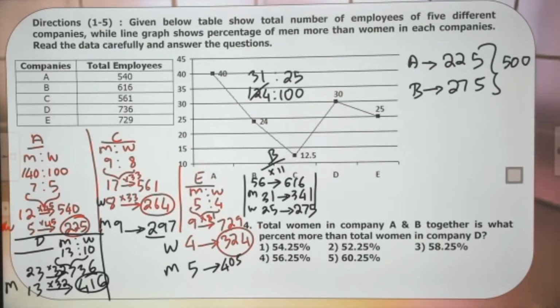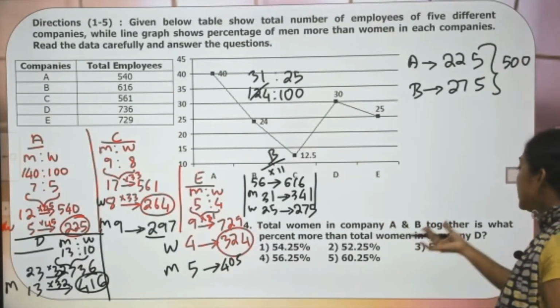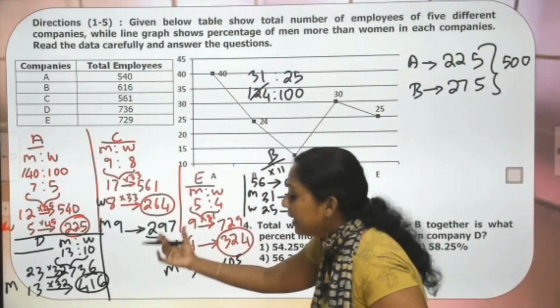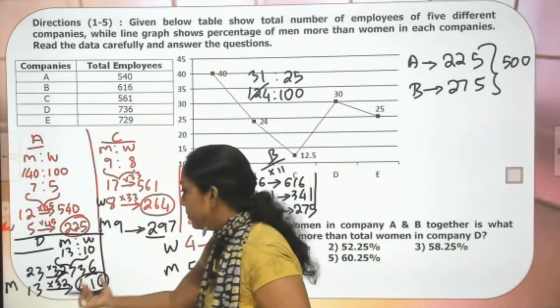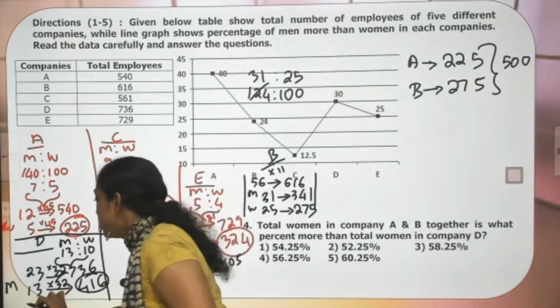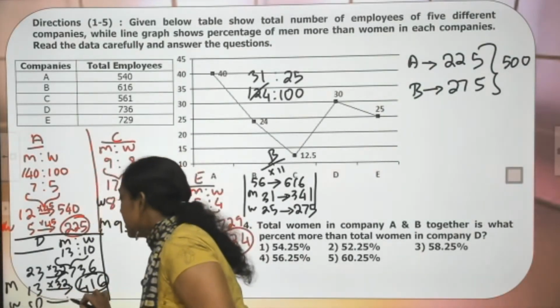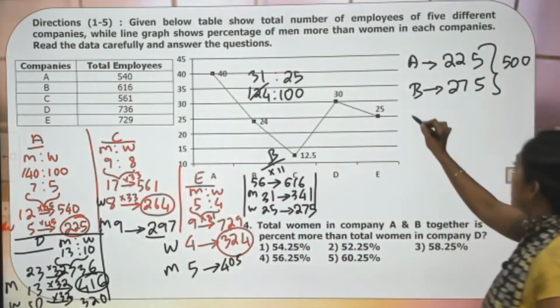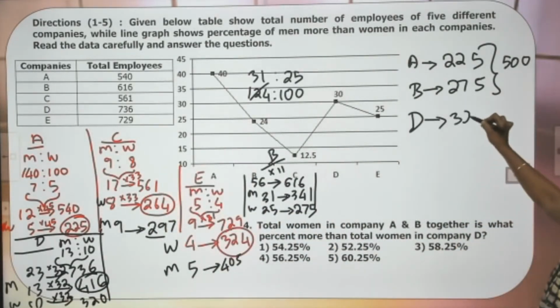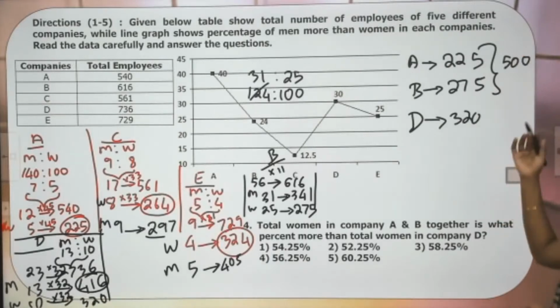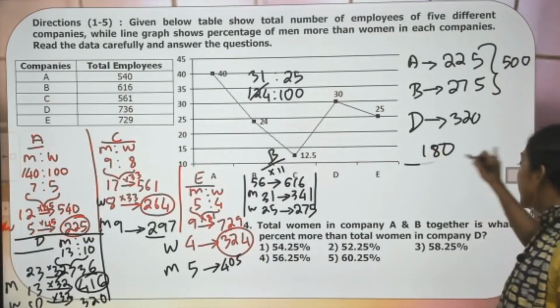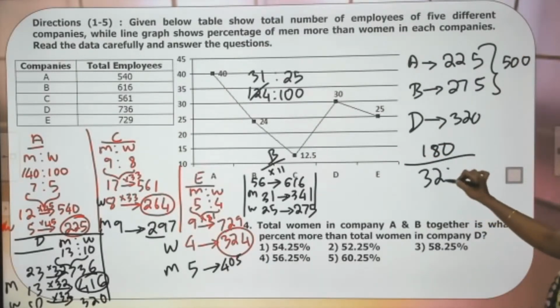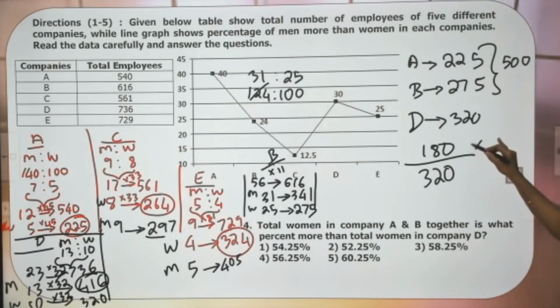Okay, is what percent more than total women in company D? Company D total women that you have to find out, that is 10. So for 10, that is 10 into 32, that is 320. Company D is 320. Okay, so what is the difference? The increase is 180. So 180 divided by company D, that is 320. 180 by 320 into 100.